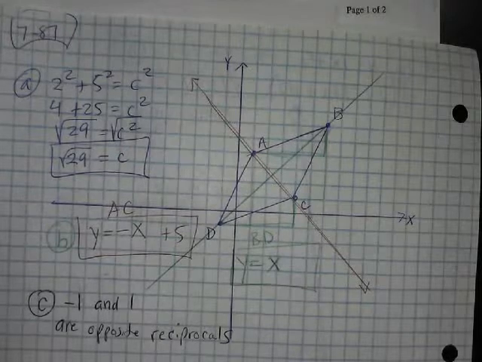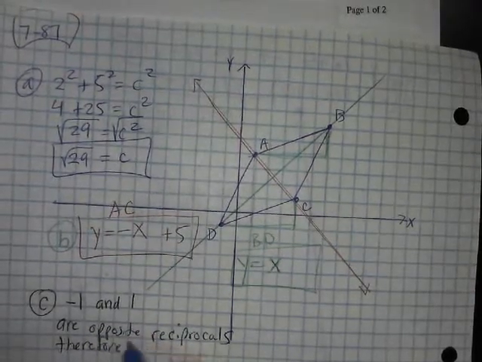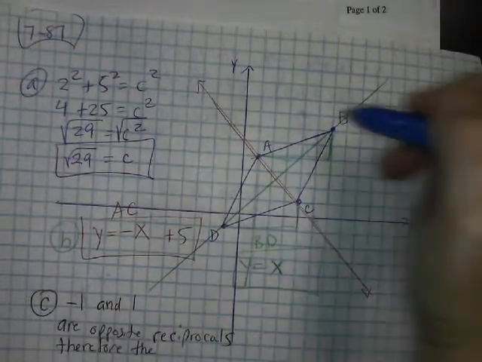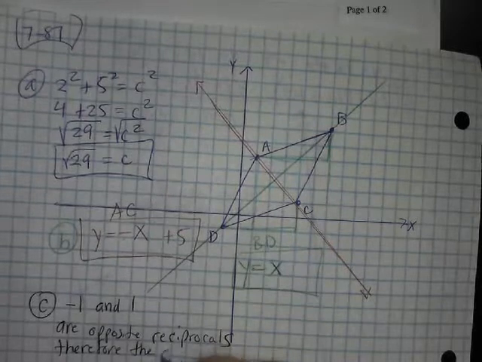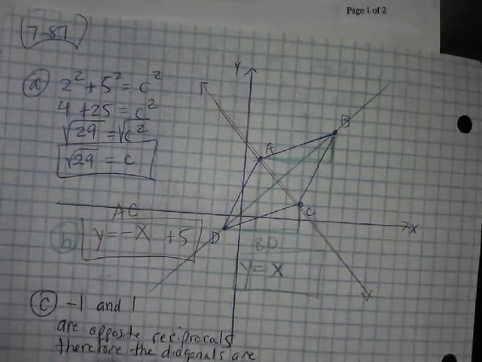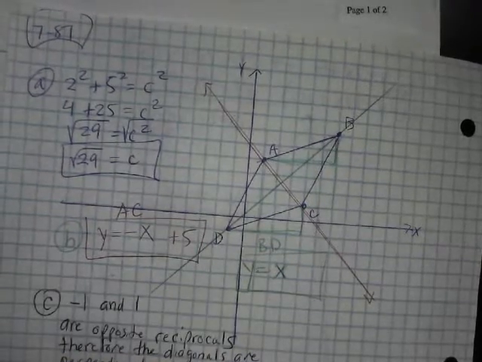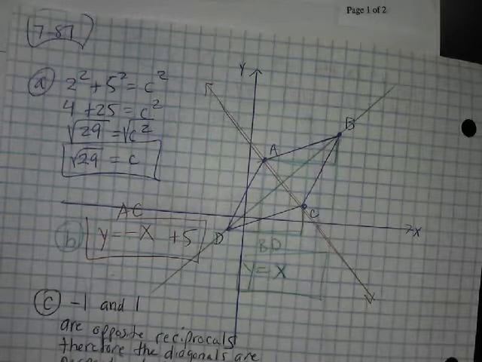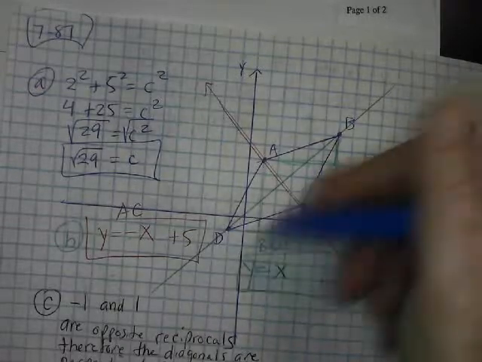And so when we say that, we can say therefore, the diagonals, because that's what those lines are, the diagonals of the rhombus, are perpendicular. And that was what they asked at the beginning of the problem. This Tamika gal was trying to see if she could prove that these lines are perpendicular.